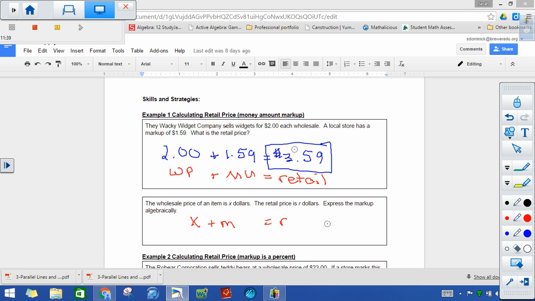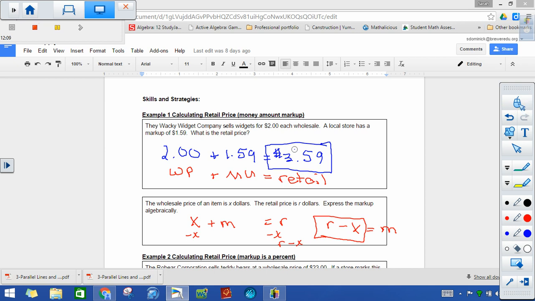So I would take my retail price and subtract my wholesale price, and that would give me my markup price. If you did it over here, you just subtract x from both sides, and you'd have r minus x, which is what you end up with here. That's your answer, just r minus x. So make sure you're paying attention to where those things are and what their definitions are to decide if you're going to add or subtract.